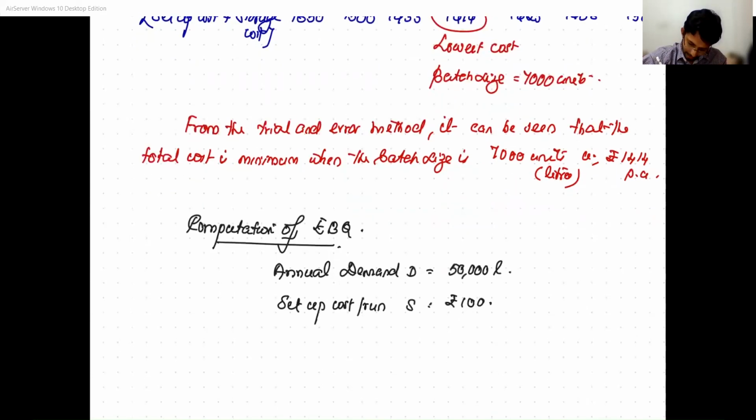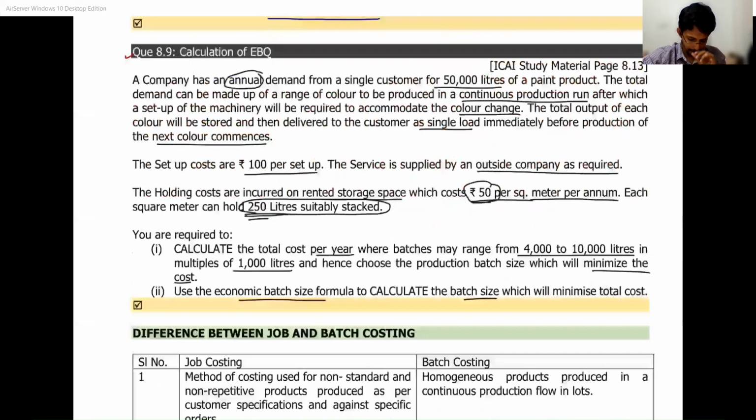Now, what is the carrying cost? Carrying cost per unit. They say that 250 liters can be stored at a cost of rupees 50 per square meter. So, what will be the cost over here?